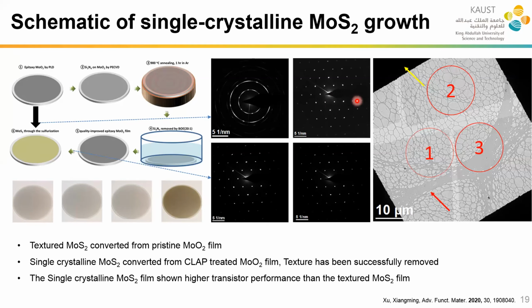Three different directions showing three different areas for the SAED characterization. They are all showing the same orientation. So it means we really minimized the texture in the molysulfide film and also controlled the thicker multilayer molysulfide thin film orientation.